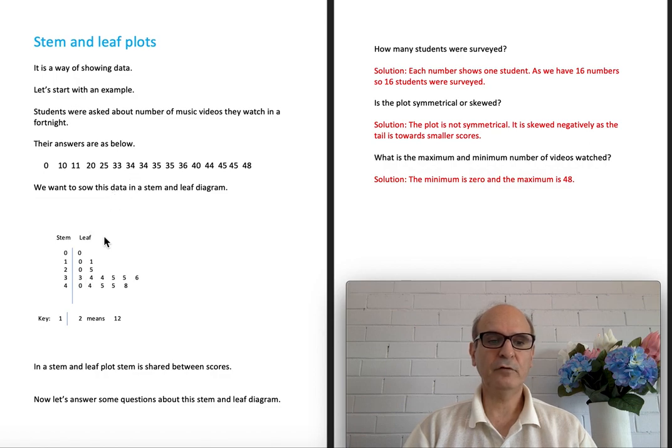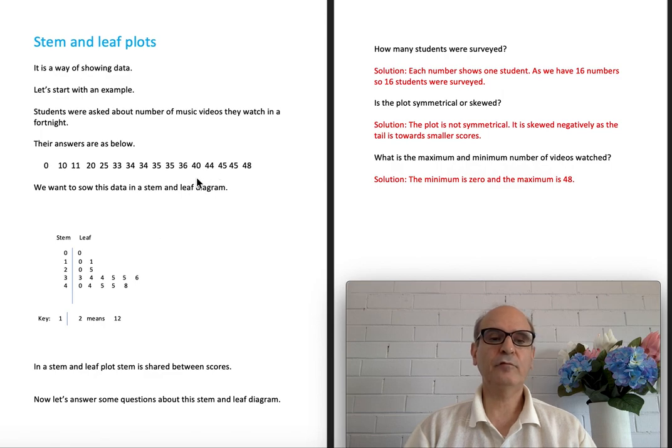For 34, I put 4 here. And there are two 34s, so I need to put another 4 here. And 35, there are 2 of them, so I need to put two 5s, and then 36 is the last one. So I put 6 to represent 36.